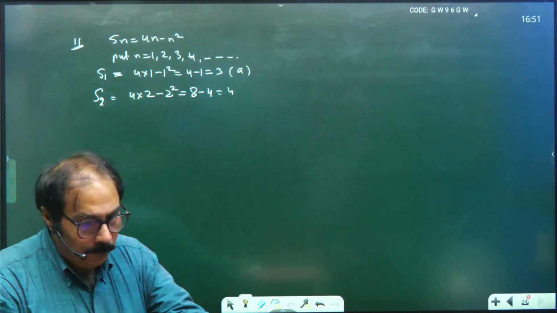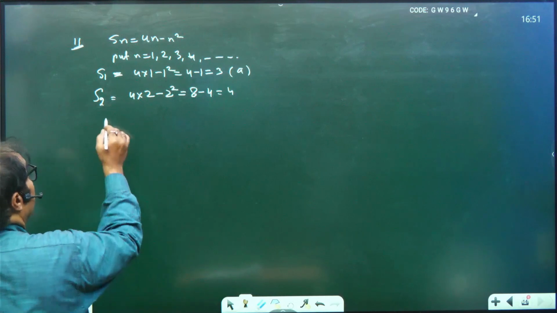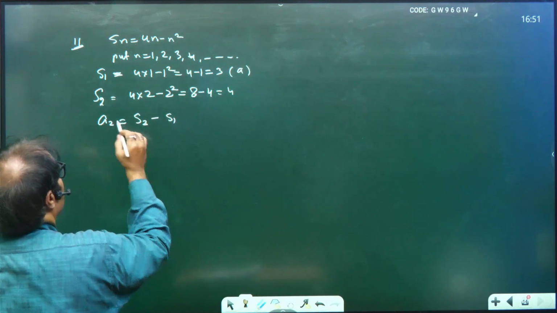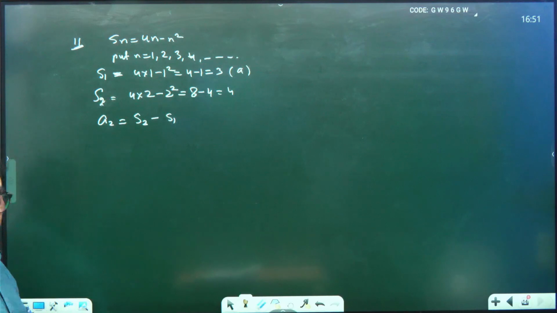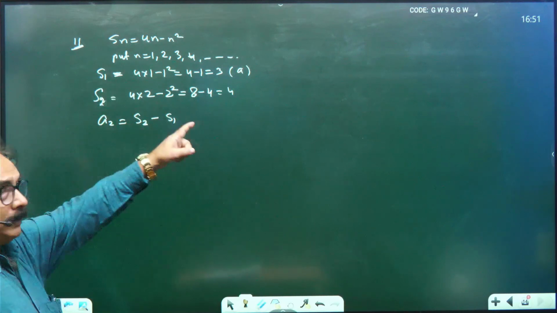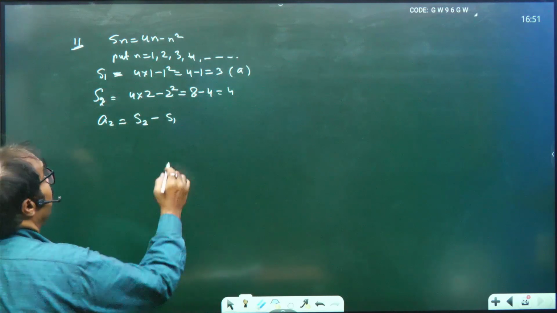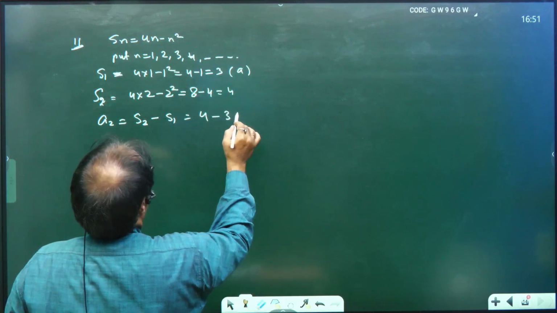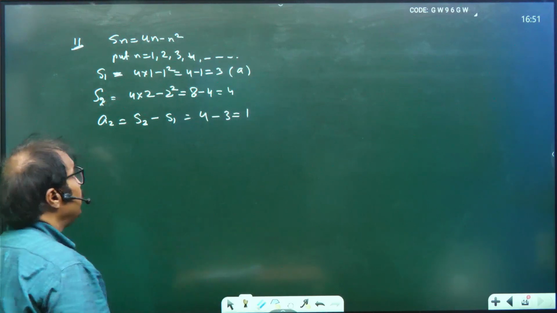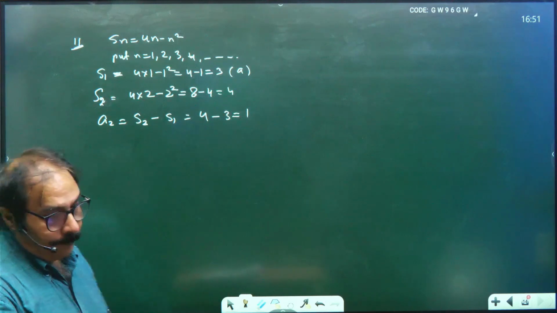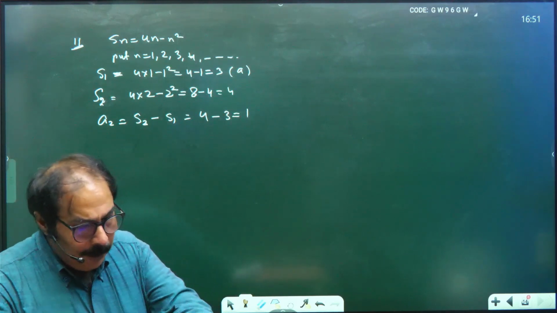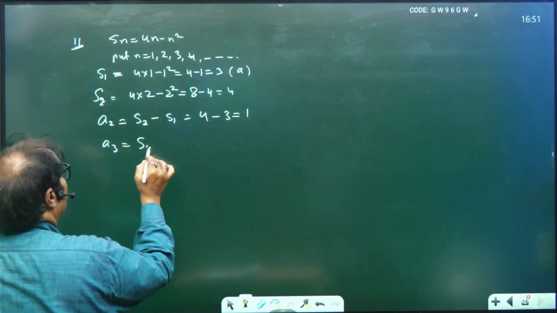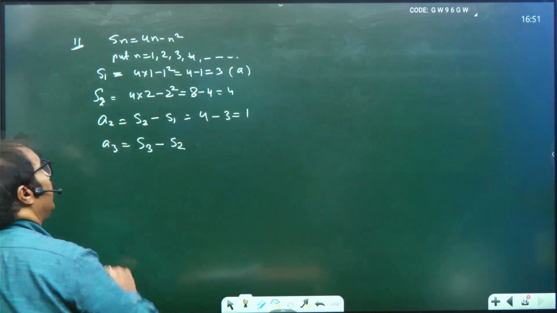Now what is the second term? The second term is equal to S2 minus S1. If we do S2 minus S1, we will get the second term. So S2 is equal to 4, S1 is 3, so this is 1. The second term is 1. Then similarly find the third term. A3 is equal to S3 minus S2.